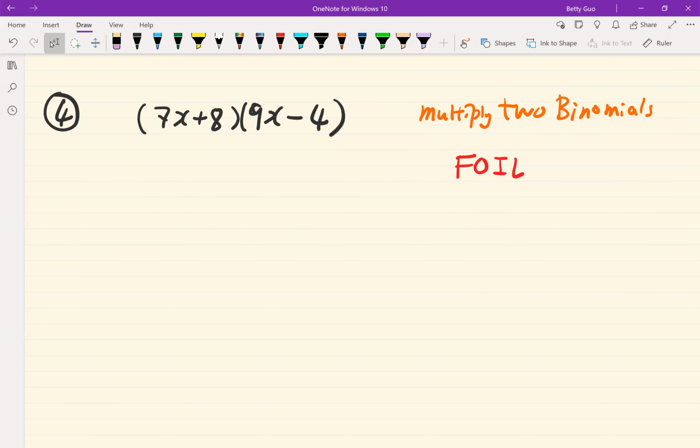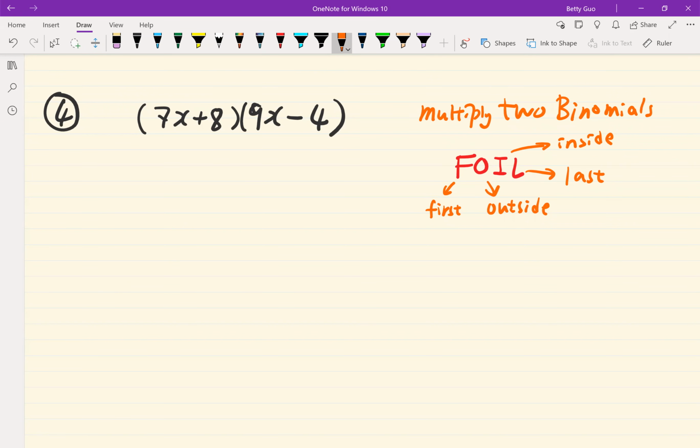What does F mean? F means first. O here refers to outside. I here refers to inside. L here refers to last. Okay, FOIL. F refers to first, O stands for outside, I is the initial of inside, L means last.